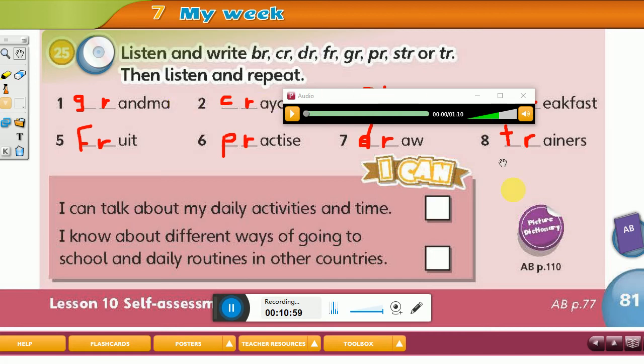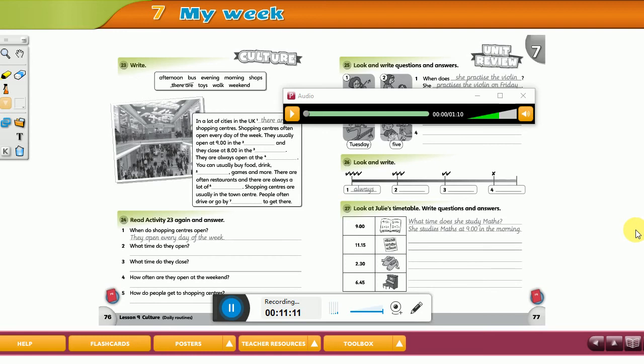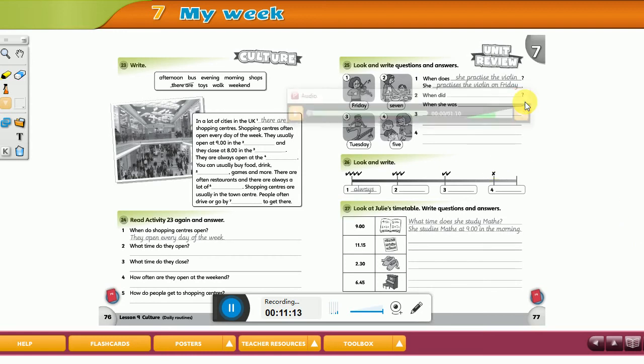Let's see our workbook. Open your workbook, open it, page 77.